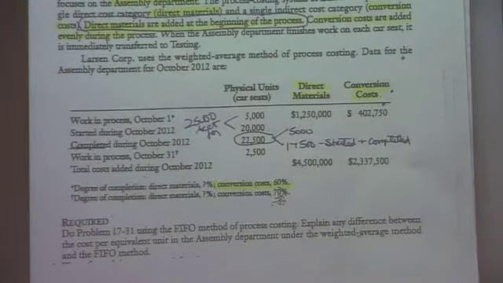Foreign exchange would have happened, prices would have fluctuated, and the labor costs would have increased or decreased. So there's a whole bunch of different costs that could have impacted or changed. And if we use the weighted average, we're just going to average those. But if we use FIFO, we're going to keep those different costs from different periods separately.